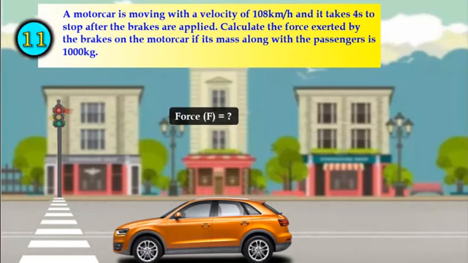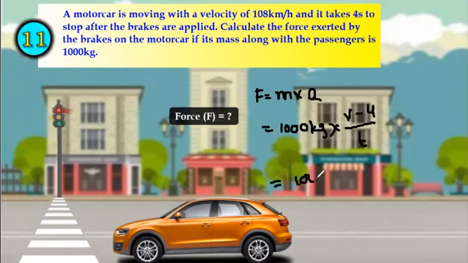Very simple question. Whenever they ask to find the force, force is equal to what? According to Newton's second law, mass into acceleration. Mass is how much? 1000 kg, into acceleration, which is nothing but v minus u by t. That equals 1000 into, v, final velocity, is 0 minus initial velocity, 108 kilometers per hour, not meter per second.